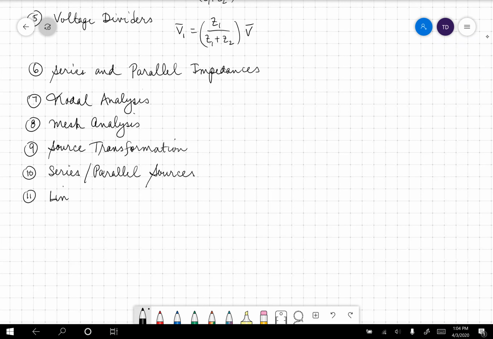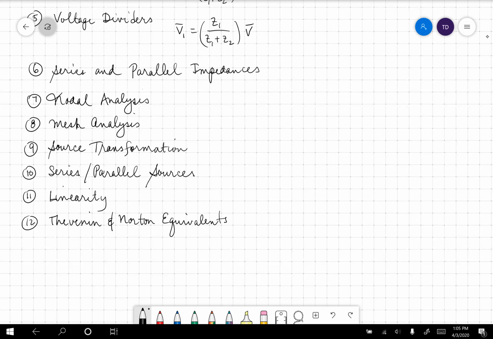Linearity. All of that is still true. Thevenin and Norton equivalence. All of those concepts still hold.